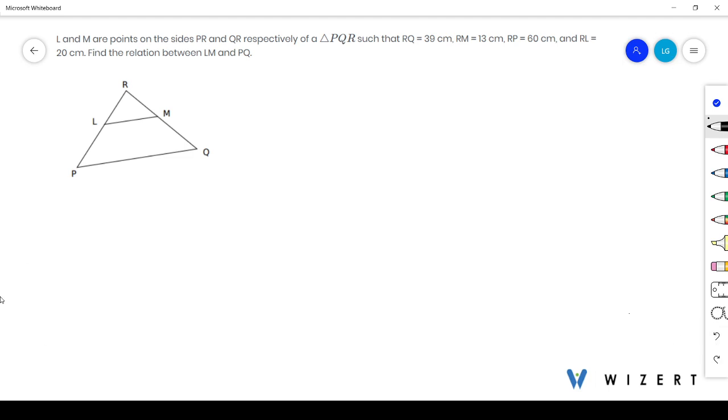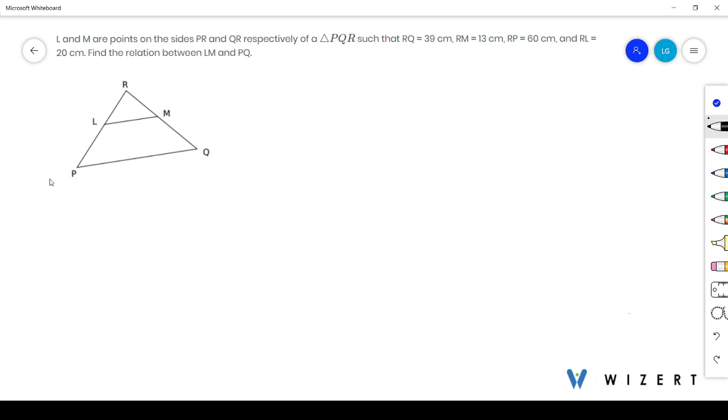Our question is: L and M are points on the sides PR and QR respectively of triangle PQR such that RQ equals 39 cm, RM equals 13 cm, RP equals 60 cm and RL equals 20 cm.